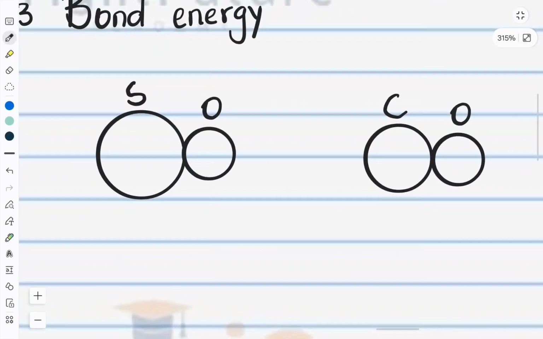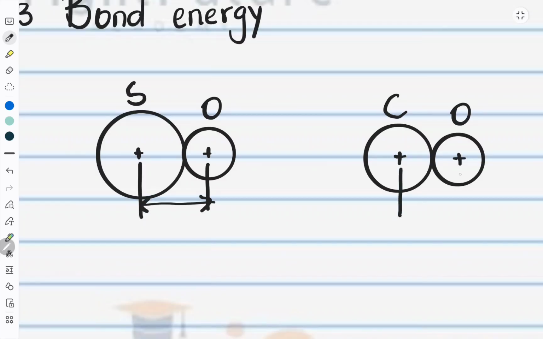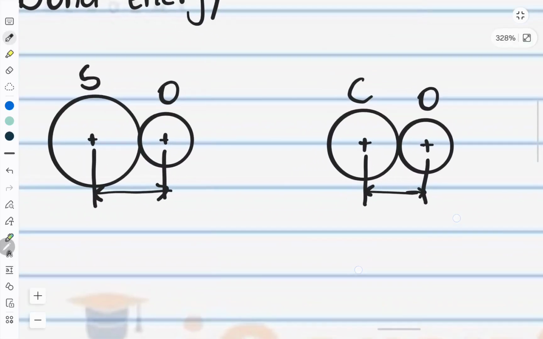If we compare the distances, we would find that sulfur to oxygen has a larger distance than carbon to oxygen.